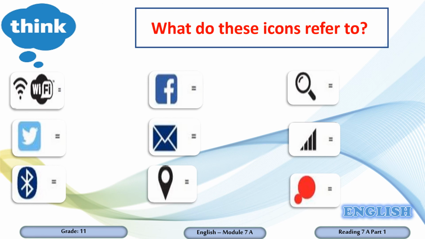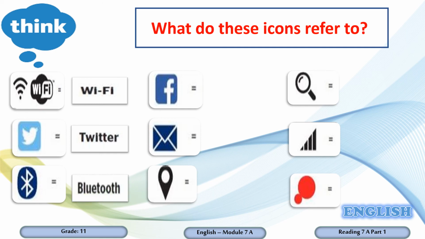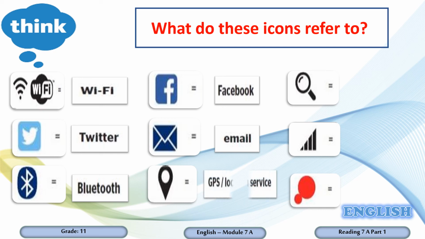Okay, the first one, it's for Wi-Fi. Excellent. The second one is very popular. It's for Twitter. Excellent. And that one for Bluetooth. Fantastic. The coming one is very popular among young people. It's for exactly Facebook. Fantastic. After that, it's for email. Excellent.